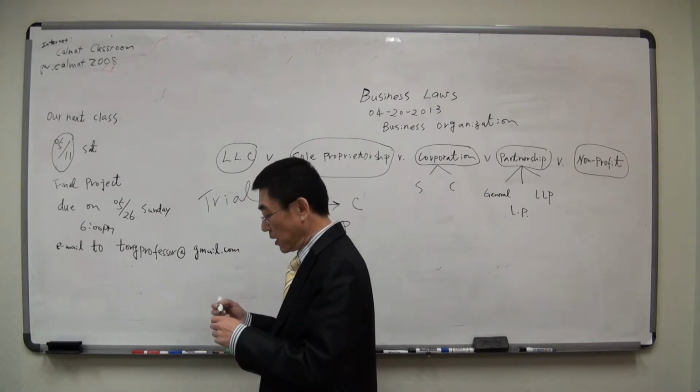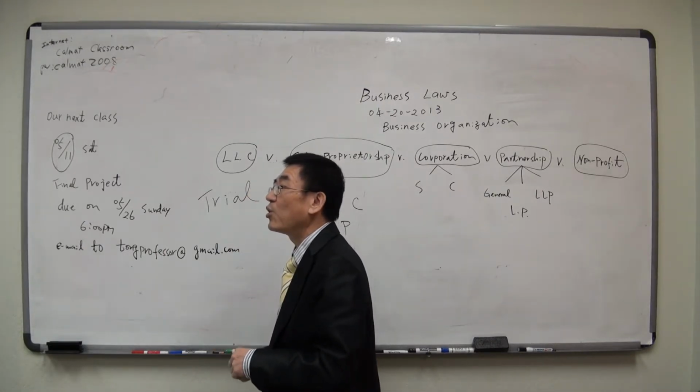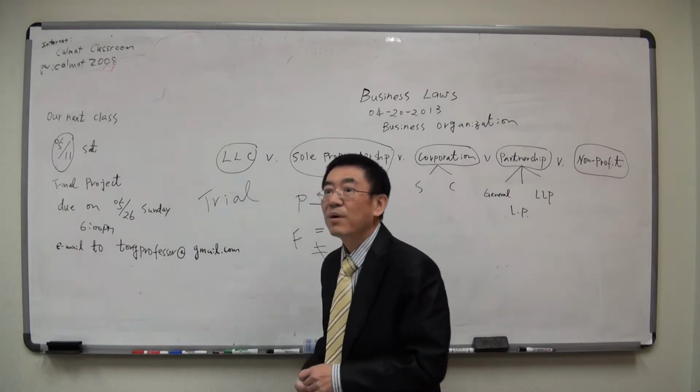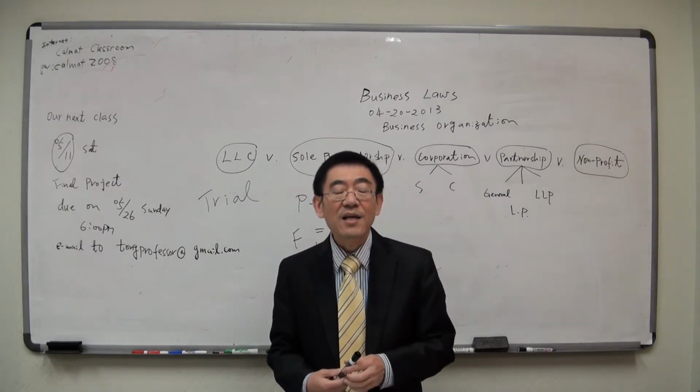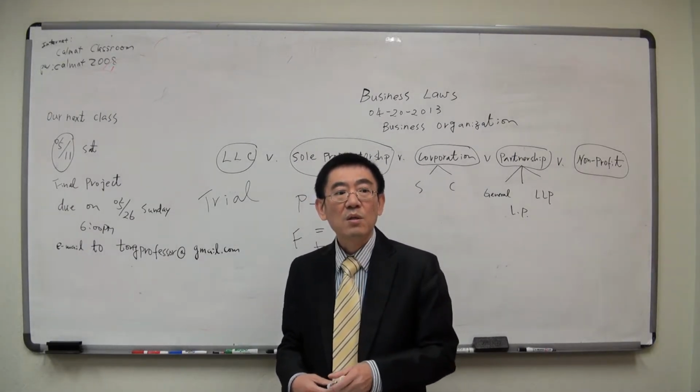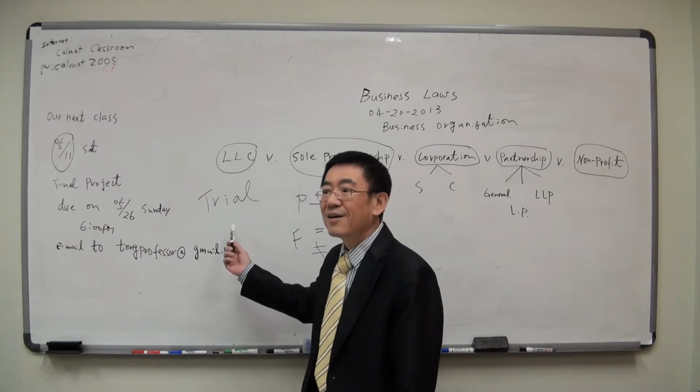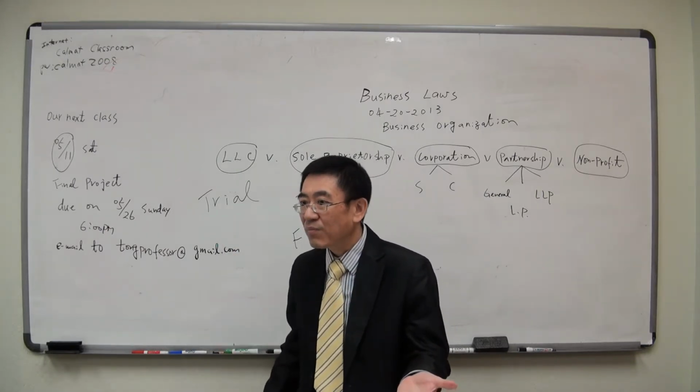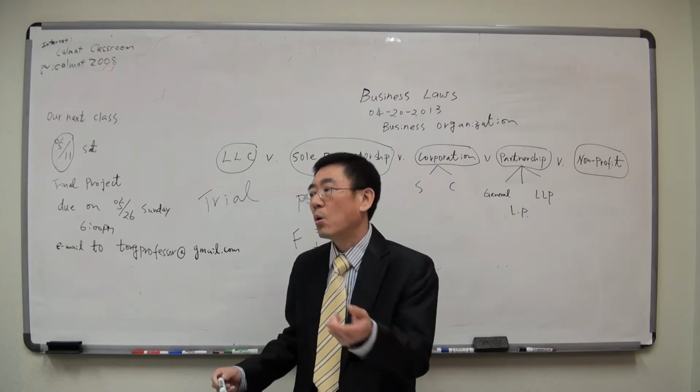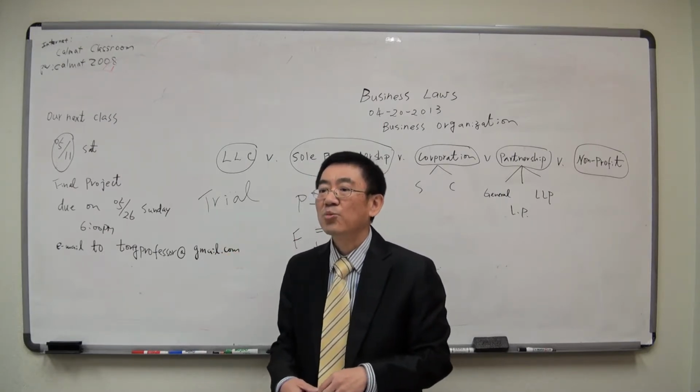This is what we saw in movies or on TV. But in reality, 99% of lawsuits do not go to trial. Either they settle before the trial or go to summary judgment.